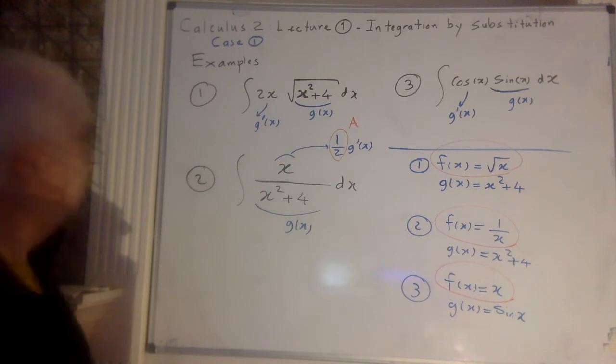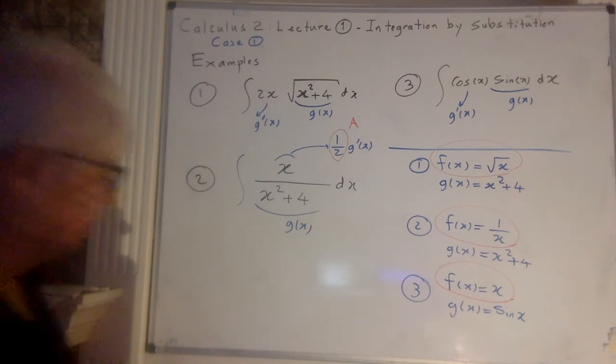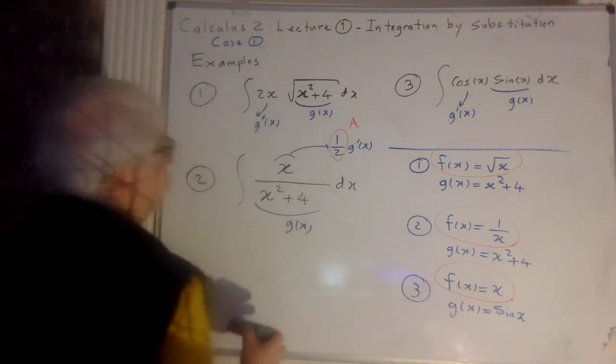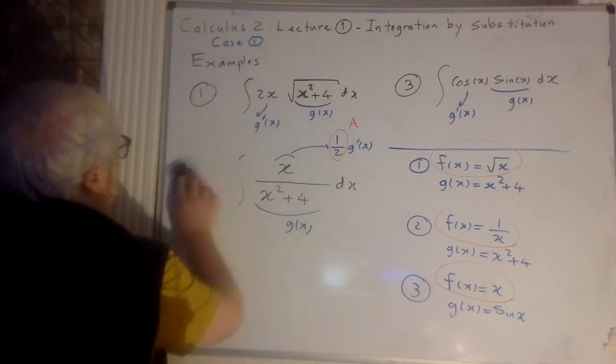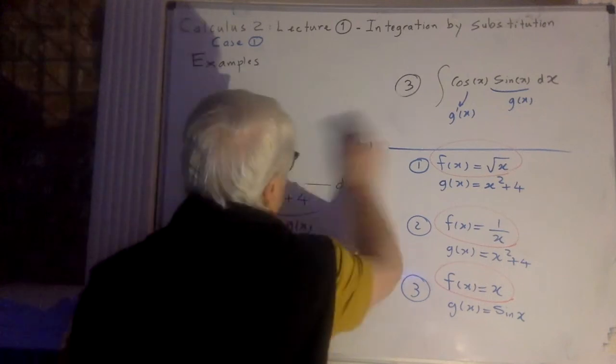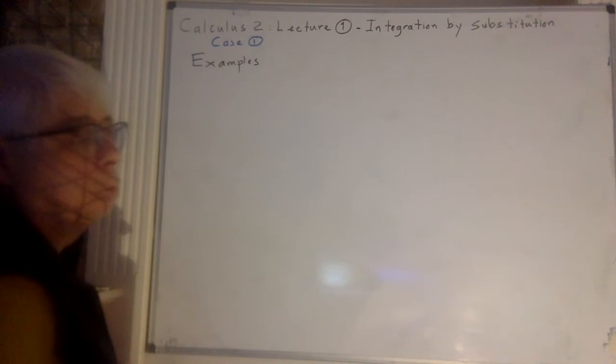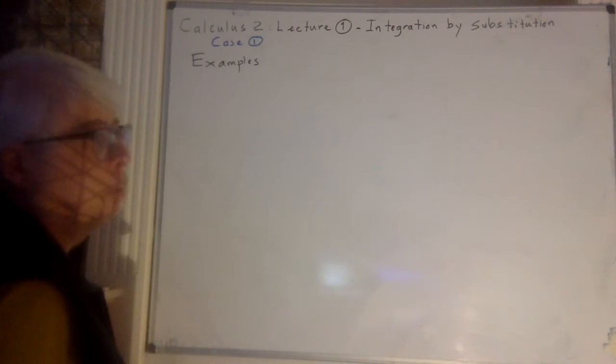So let me show you how to do that. Let me erase these. Don't worry, these are examples that should be solved anyway. It was just about how to identify. In fact, in integration, identifying which method should be used is the most crucial part.